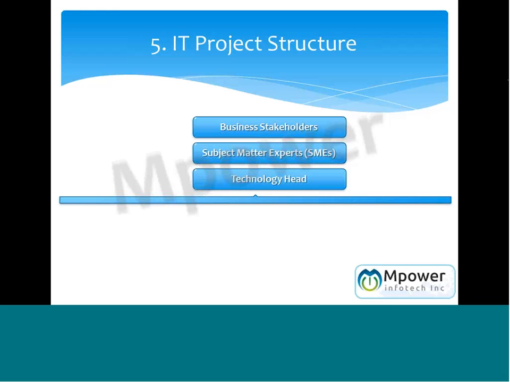Now, coming to the next level. As I said, the business users come up with business ideas, and in order to serve the clients, the business process needs to be automated. For example, a bank is offering a new credit card to the customer.